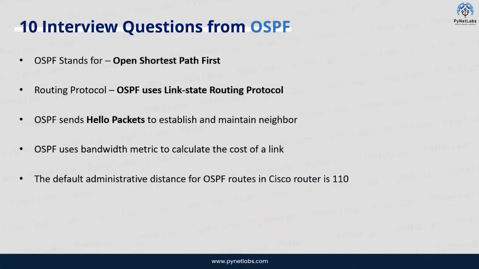So as a network engineer, you all know what exactly OSPF is and how widely OSPF is used in enterprise networks. Before getting started with the Q&A series, let's understand a few basic points about OSPF. It stands for Open Shortest Path First, and it's a link state routing protocol, which means it is better than distance vector, and there is as such no limitation for hop count.